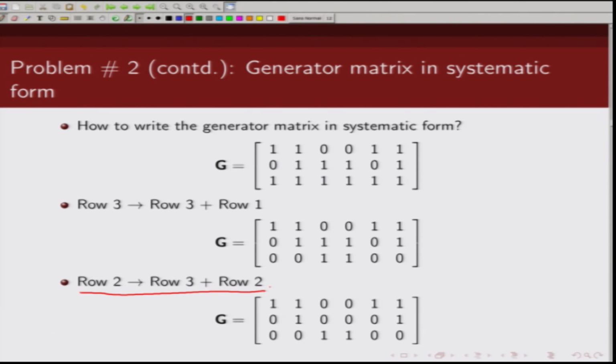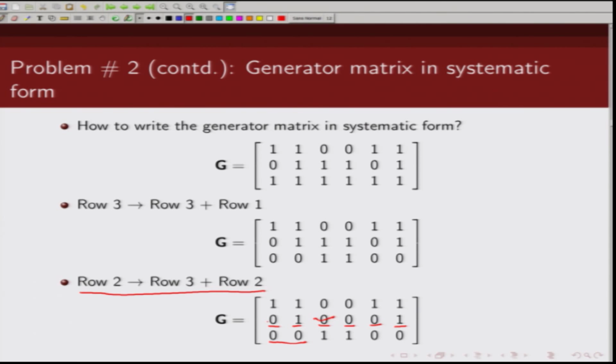Then what is going to happen? This will remain 0, this will remain 1, but this 1 will become 0. So, let us do that. This is 0 plus 0 is 0, 1 plus 0 is 1, 1 plus 1 is 0, 1 plus 1 is 0, 0 plus 0 is 0, and 1 plus 0 is 1. Okay. So, we got these zeros.